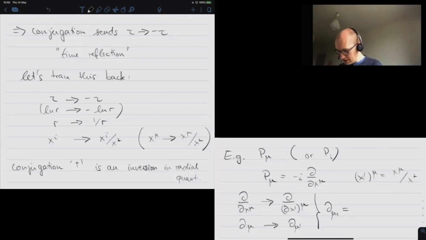So d by dx mu primed is equal to x squared d mu minus 2 x mu x dot d. And to verify this, I have put it on the problem set. That's actually a pretty easy computation.